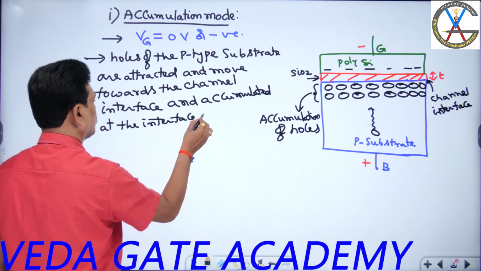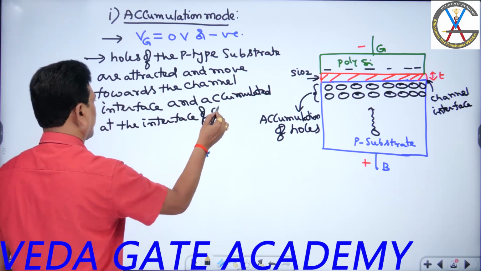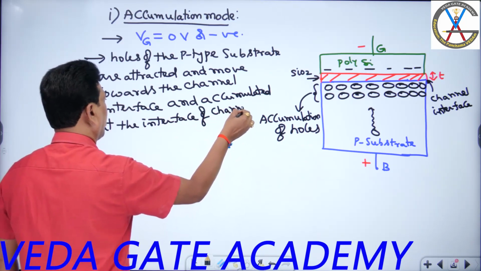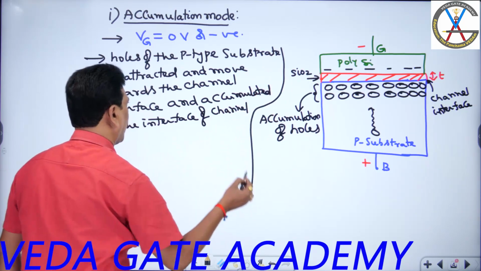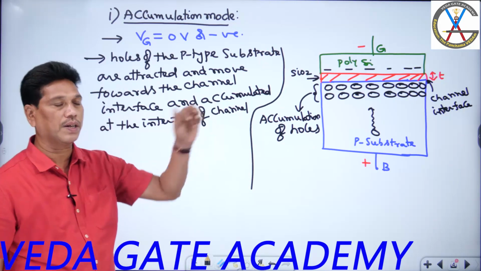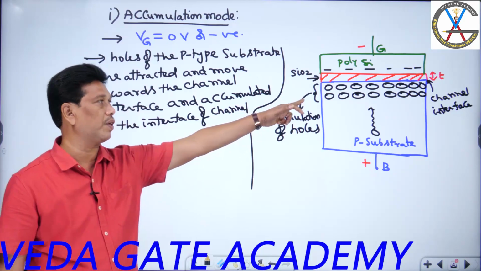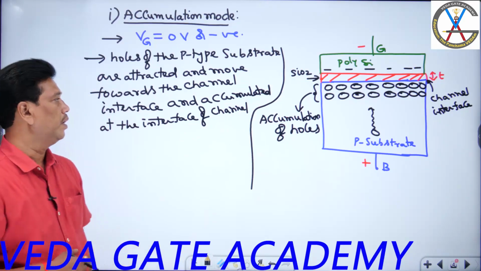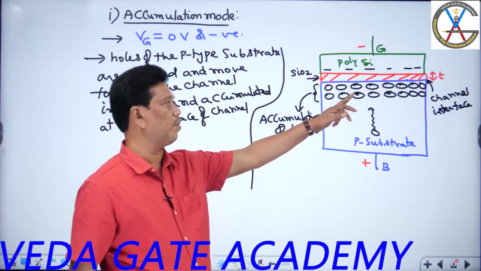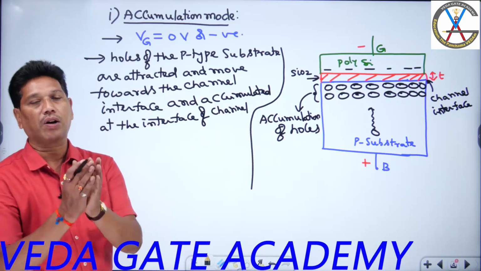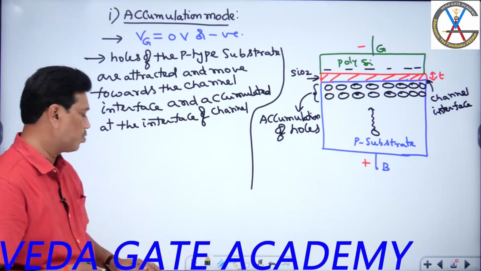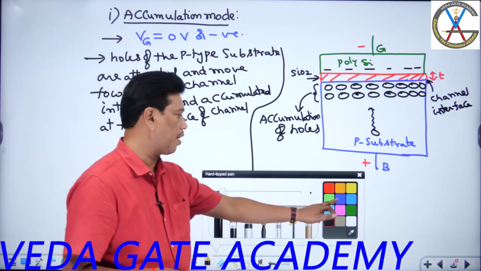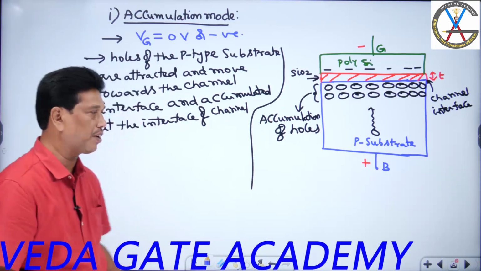They don't go to the other side, because of the oxidation coating. They just come together and accumulate there. The accumulation of holes at the channel interface does not cause any added barrier effect.